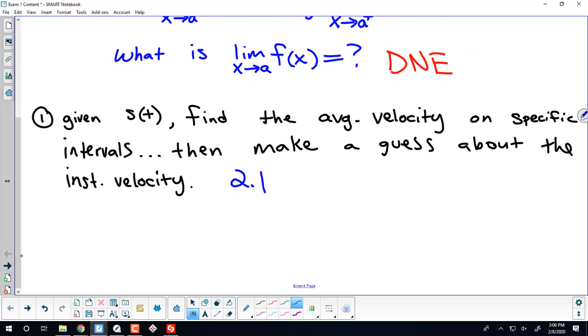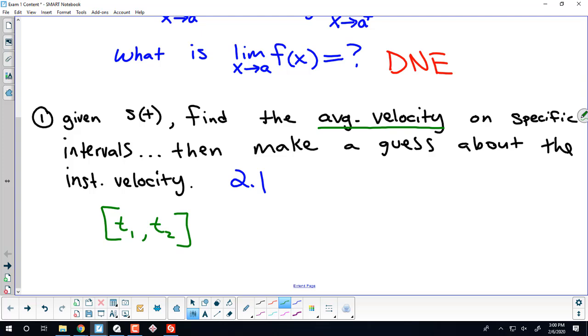The thing to remember here is when you compute the average velocities. Remember, the average velocities were what? How do we compute average velocities? So the average velocity on some specific time interval, I give you time 1 and time 2, from 1 to 1.5, or from 10 to 11.